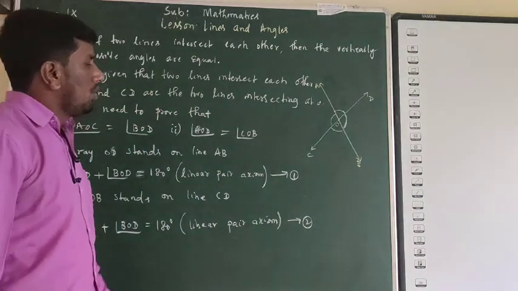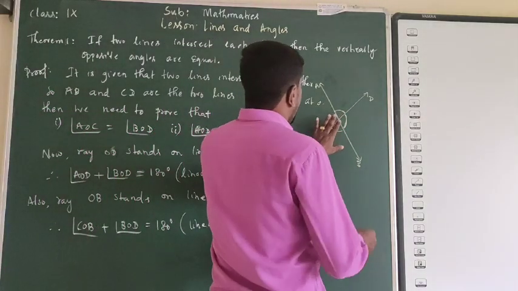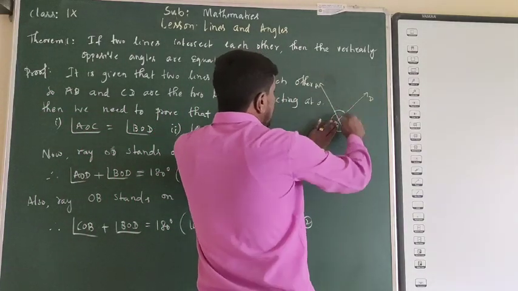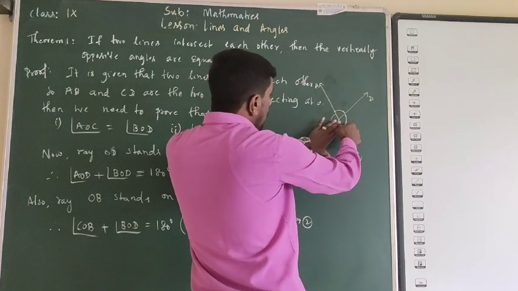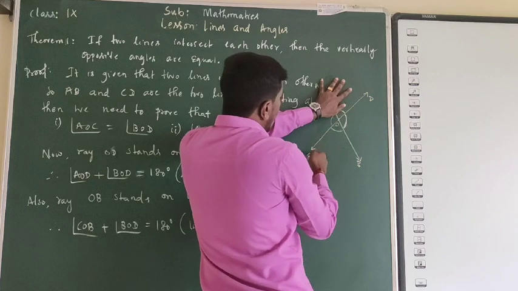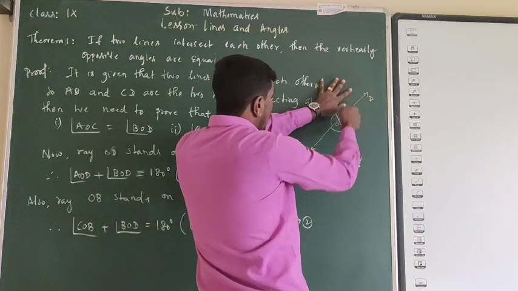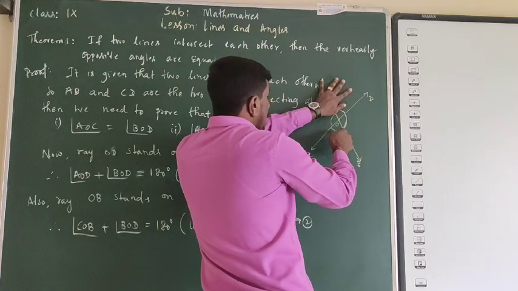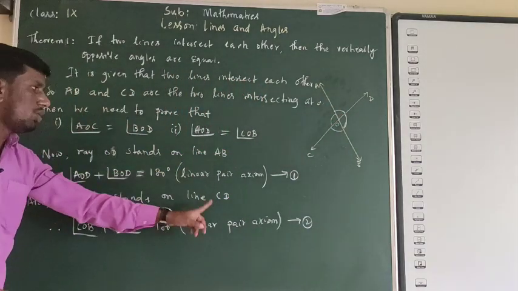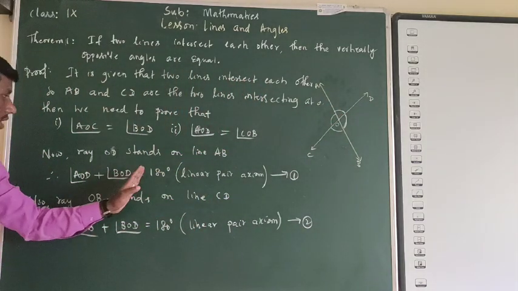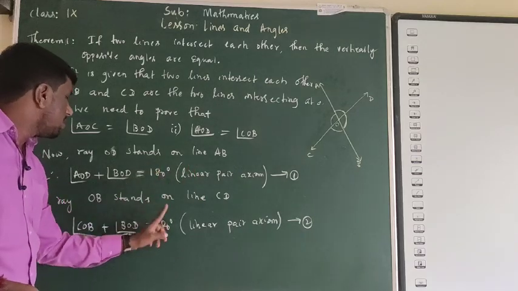Clear? So by taking OD as a ray and AB as a line, these two angles are 180 degrees by linear pair of angles. Now by taking CD as a line and OB as a ray standing on the line CD, I have taken the sum of these two angles, that is equal to 180 degrees. That I have written as 1, 2. So now you can observe that the RHS, this is 180 degrees, this is also 180 degrees.